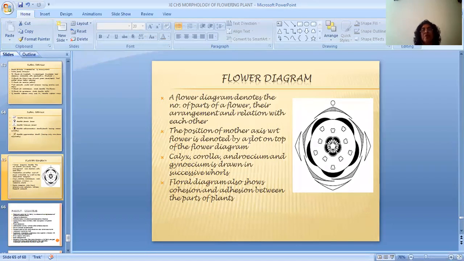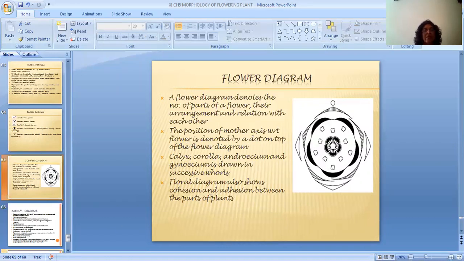The position of the mother axis with respect to the flower is denoted by a dot at the top. If we go in a floral diagram from outside to inside, the first whorl is calyx, then second is corolla, then androecium, and then gynoecium. This floral diagram also shows cohesion as well as adhesion.